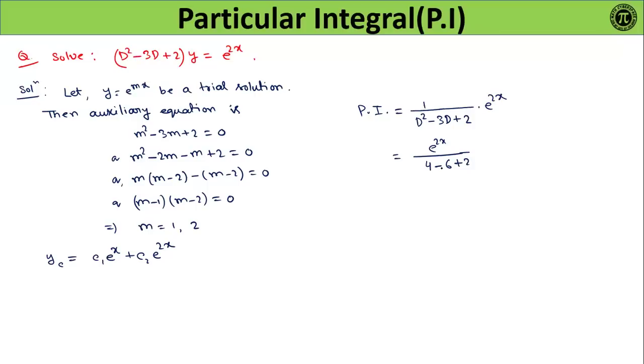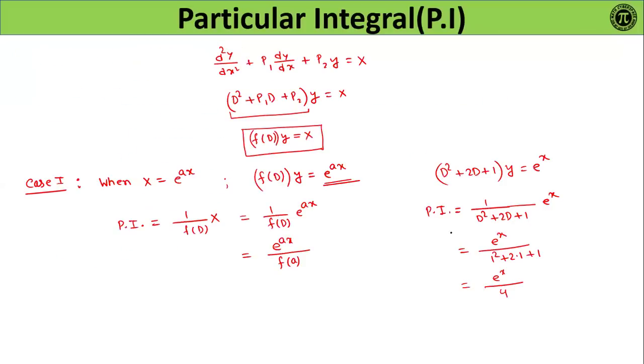So again, let's come to the theory part. Here e to the power ax by f of a. Obviously this result will be defined when f of a is not equal to 0. Now the question is, if f of a equals 0? Simple.